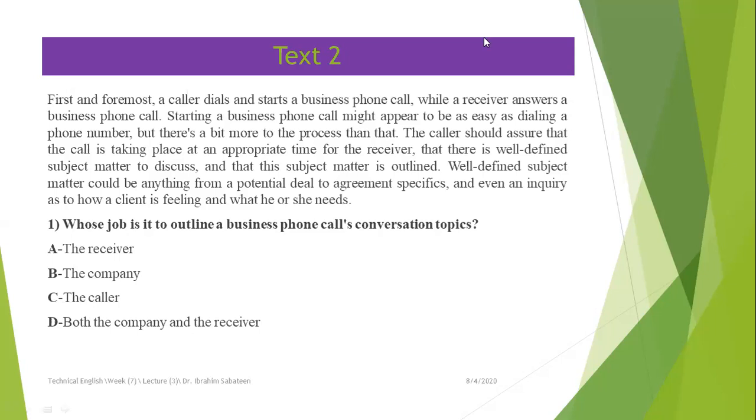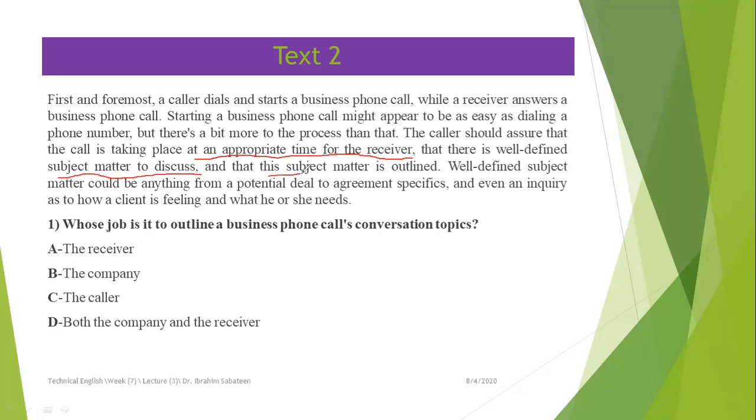Okay? يعني if you want to call somebody, you have to call him at an appropriate time for the receiver. For example, don't phone him after midnight، بعد نص الليل. And that there will be a defined subject matter outlined to discuss. لازم يكون كمان موضوع أنا بدي أناقشه معاه.